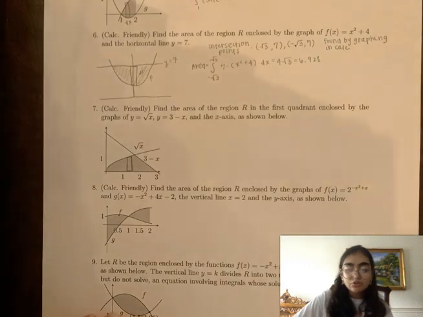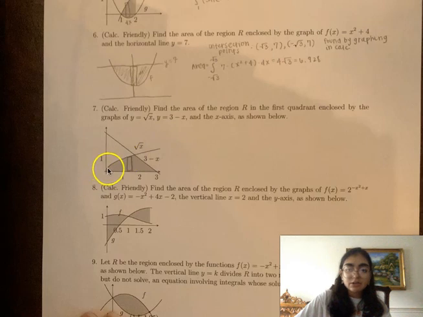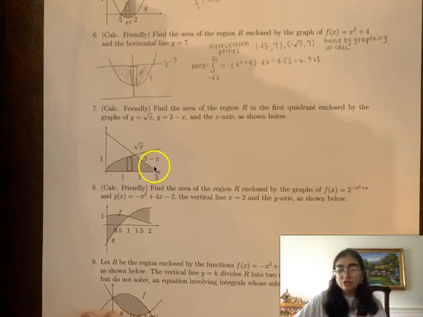So I only drew one rectangle where I decided that the square root of x is my top function right here, and the y-axis is my bottom function. But if I drew a rectangle right here in this area, I'd have 3 minus x as my top function, and my bottom function would continue to be the x-axis.